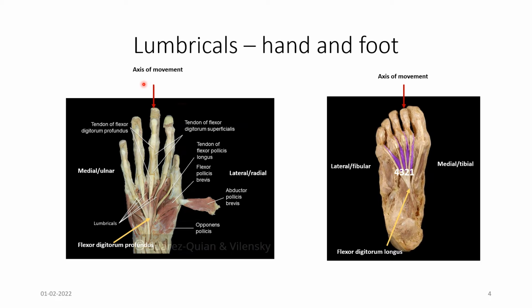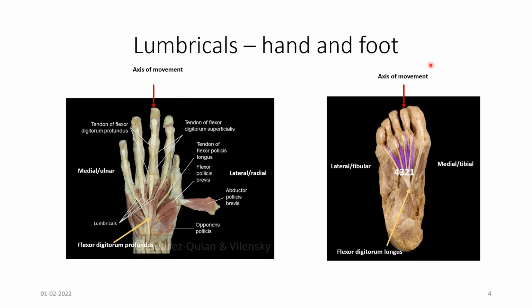And here the arrow is indicating the axis of movement which is different for the hand and for the foot. So the axis of movement for the hand is the middle finger, whereas for the foot it is the second digit.